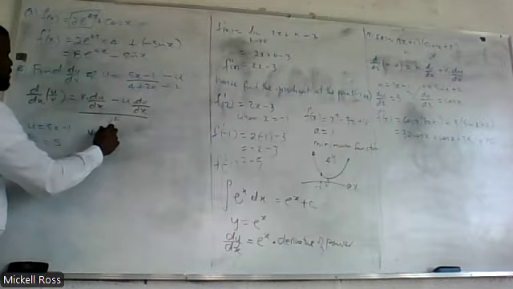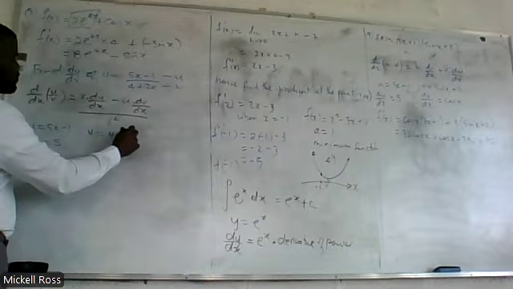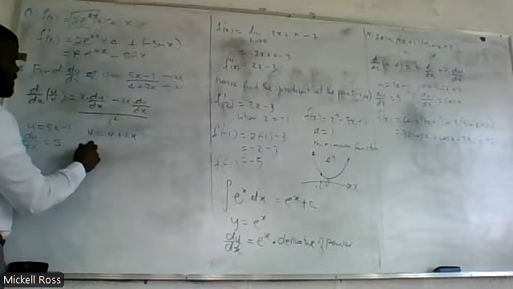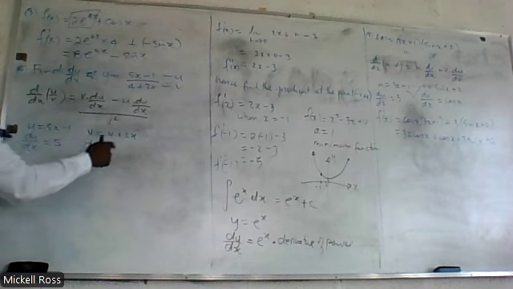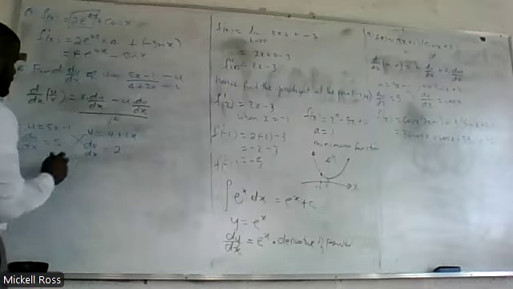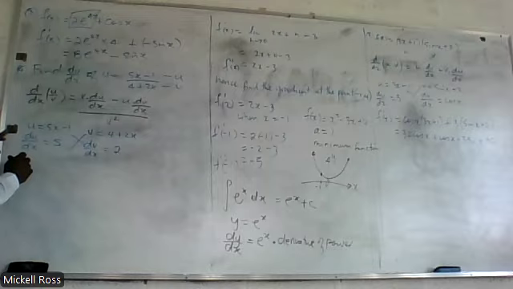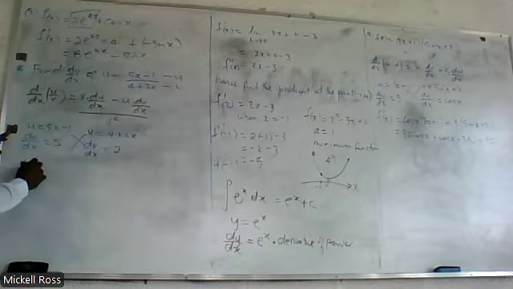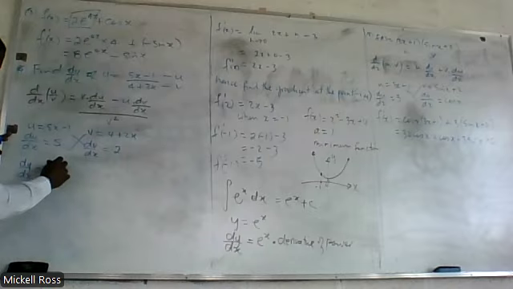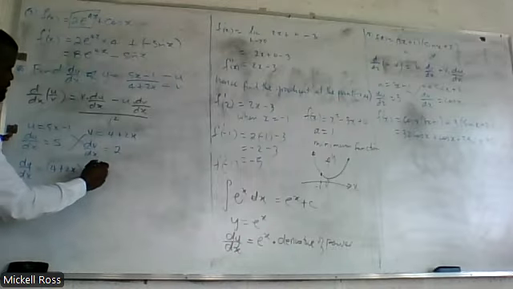v is equal to 4 plus 2x. Derivative of v with respect to x. When we differentiate 4 plus 2x, what do we end up with? Wonderful. So dy/dx is going to be equal to v times the derivative of u, so it's v, 4 plus 2x, times the derivative of u, which is 5.